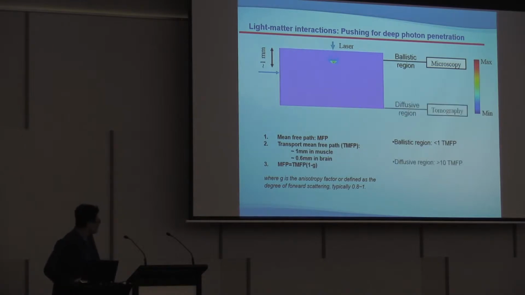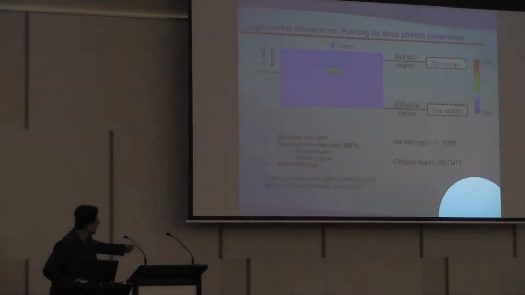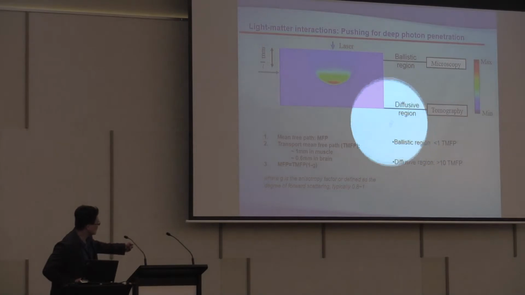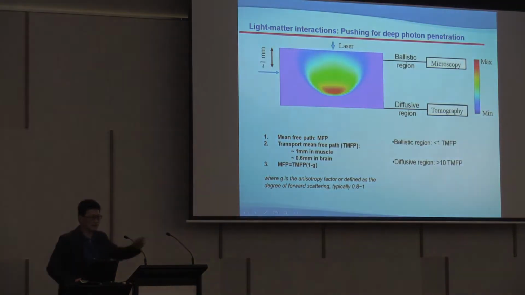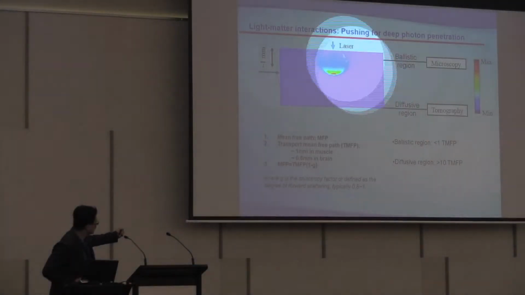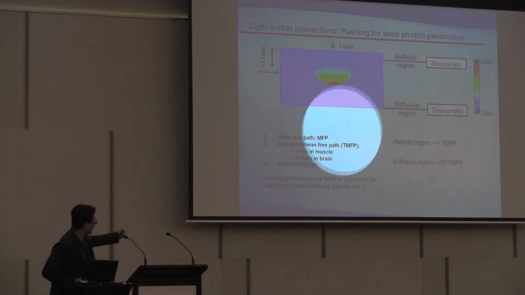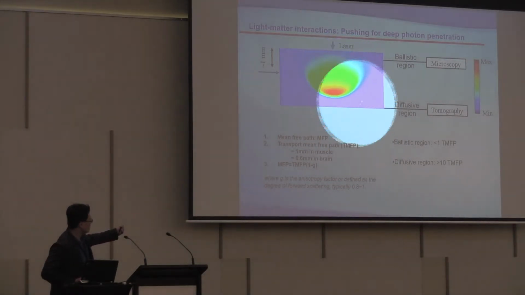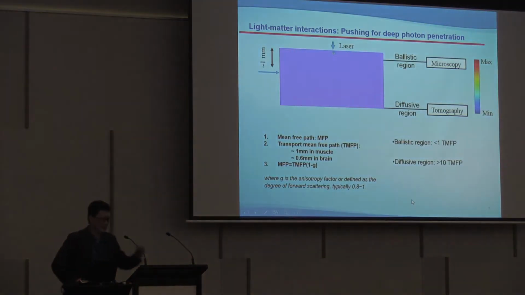However, to penetrate deeper into the diffusive region, CT scan and other imaging modalities become useful to overcome light scattering. The mean free path is actually a function of light scattering. So the advance of light sheet microscopy in parallel with current chemical clearing methods provides the basis to overcome this, for deep penetration with better resolution.